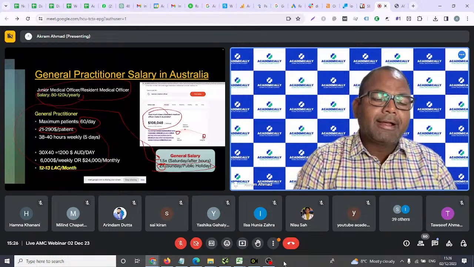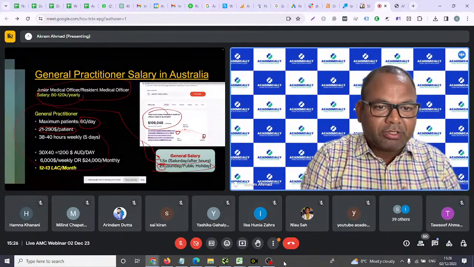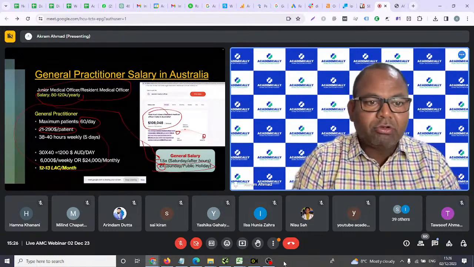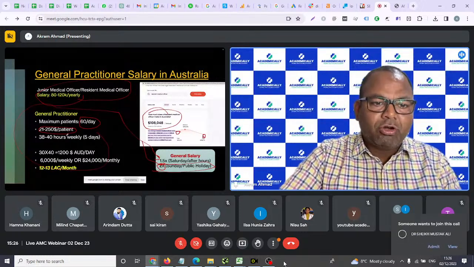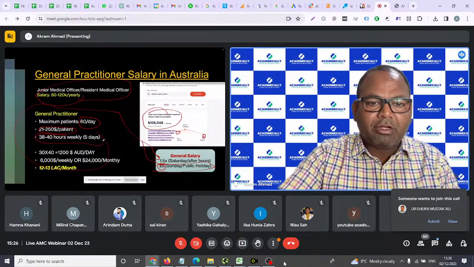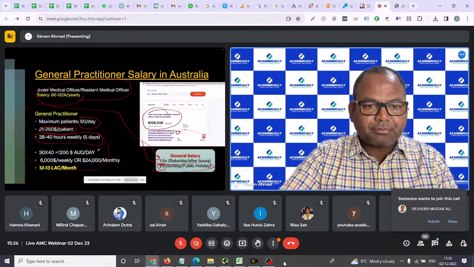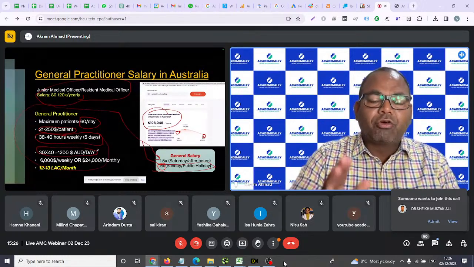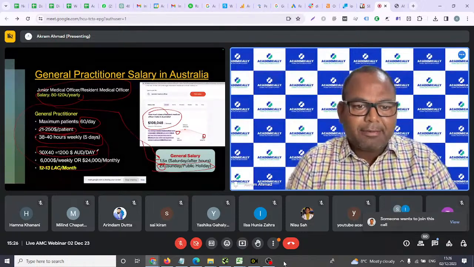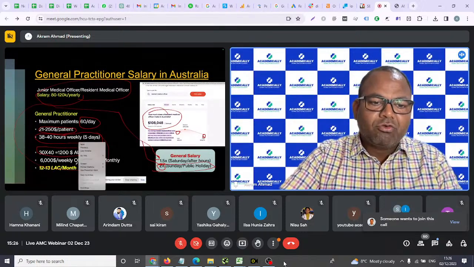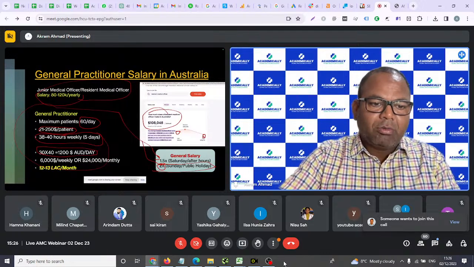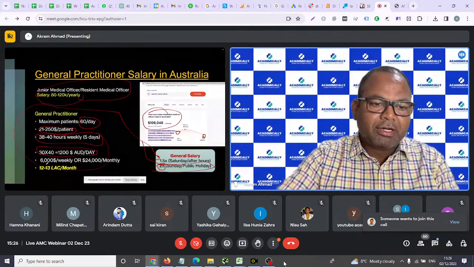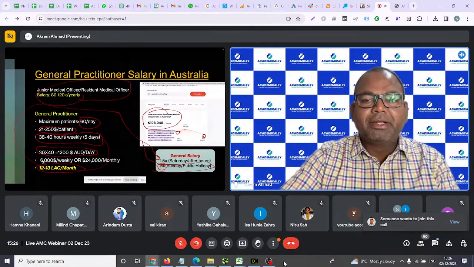This is based on the conditions or the procedures you are performing. You have to work 40 hours for 5 days only. So if you are seeing 40 patients per day, you can still make a very good amount. I can say 12 to 13 lakh minimum you can make per month as a GP in Australia.